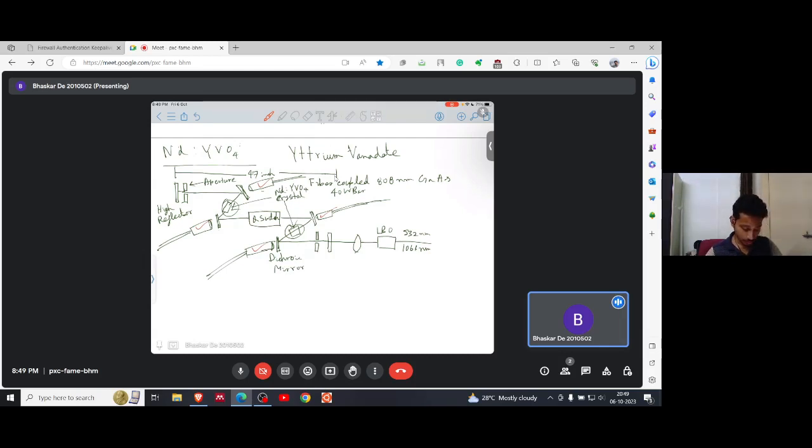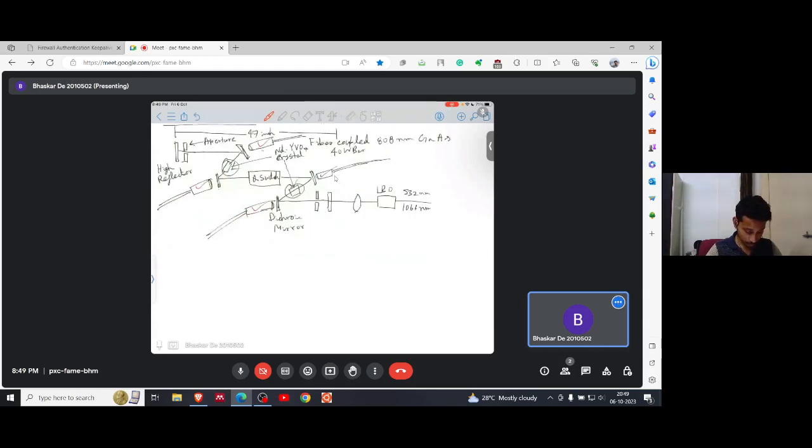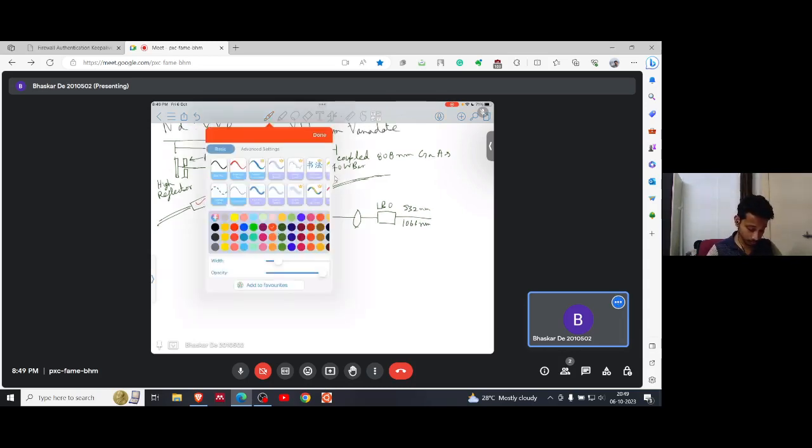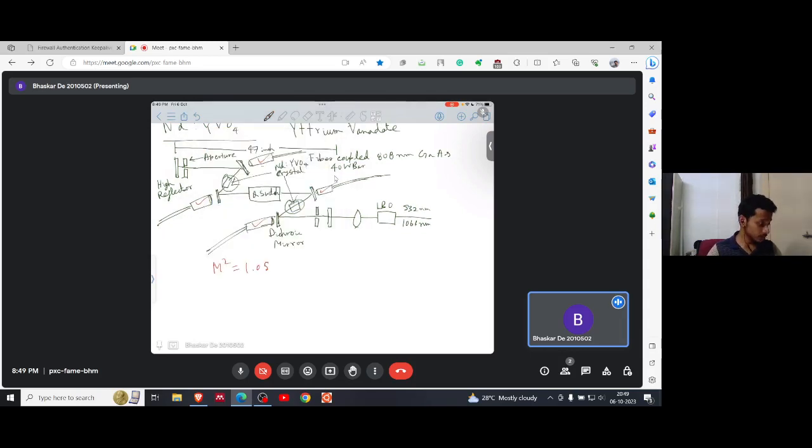The beam quality M square is 1.05 and the peak power stability is better than 1% RMS over repetition rate. Now the interesting thing is that after the second Nd yttrium vanadate crystal, the beam passes through the output coupler.